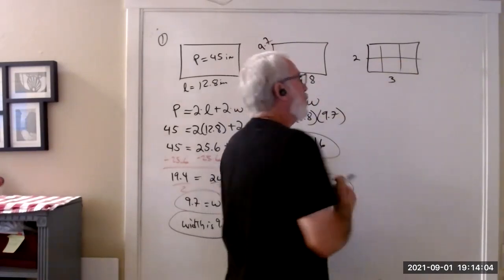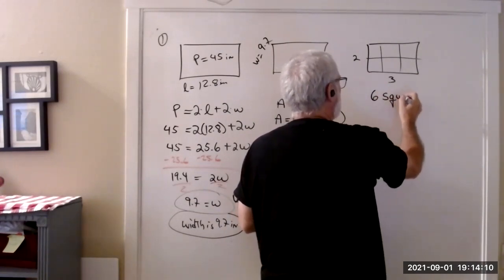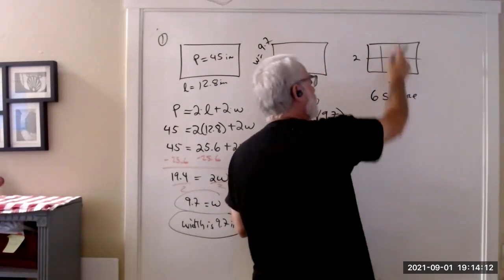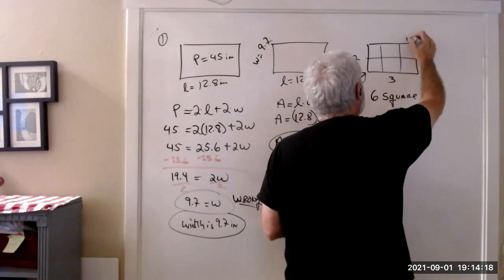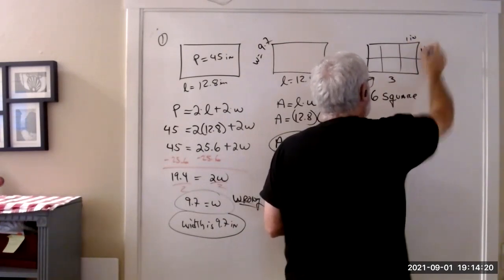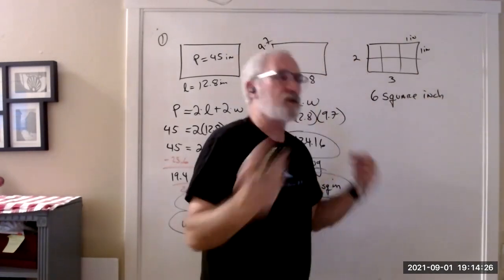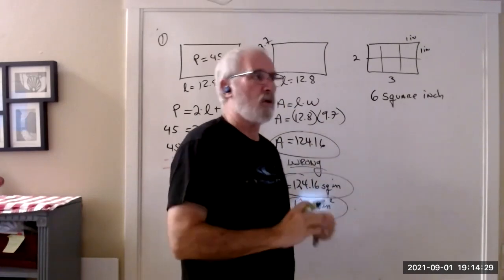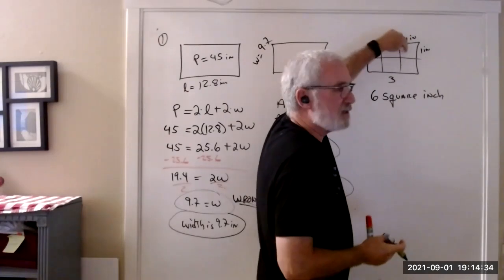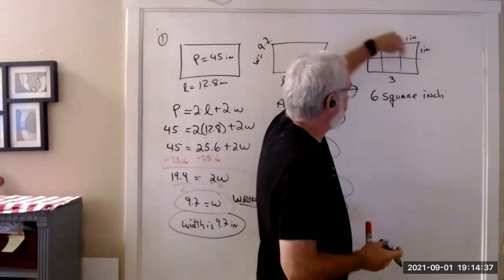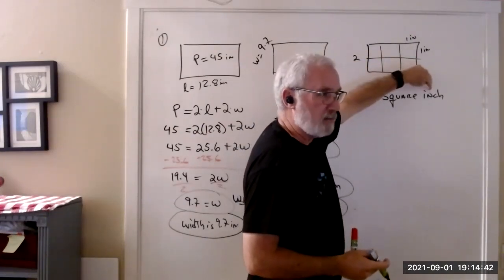You said there were 6 squares inside that happened to be 1 inch in dimensions. The inches says what the size of each square was. Each square was 1 inch on a side. There were 6 squares that were 1 inch on a side.